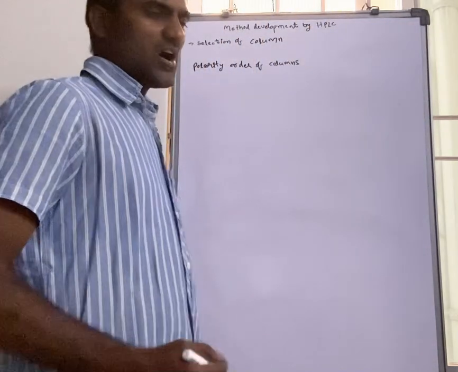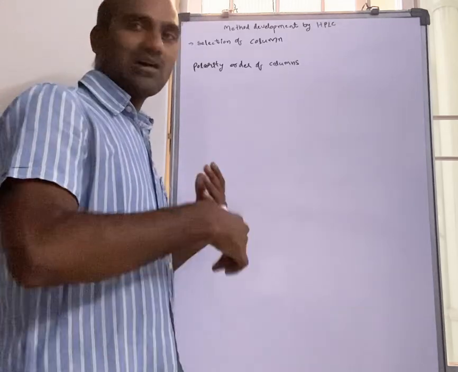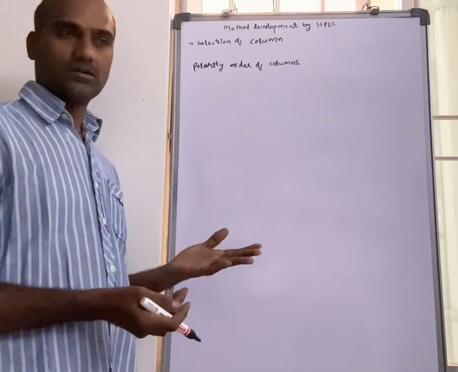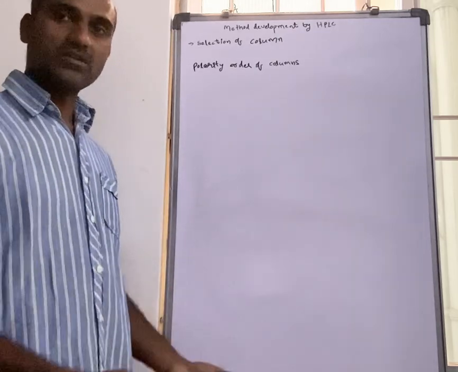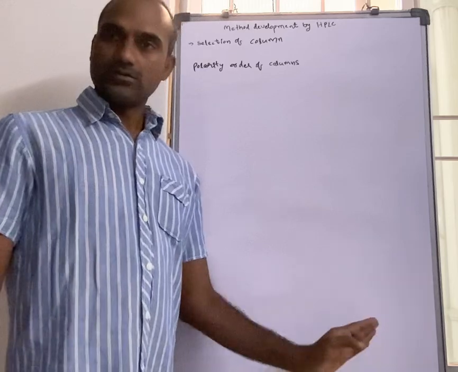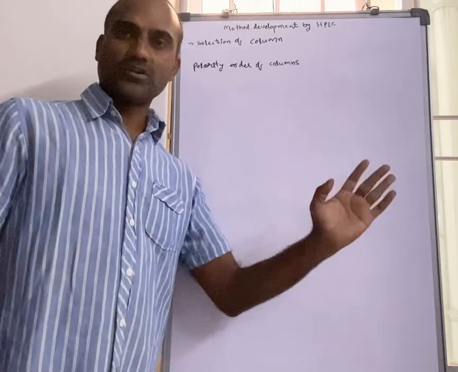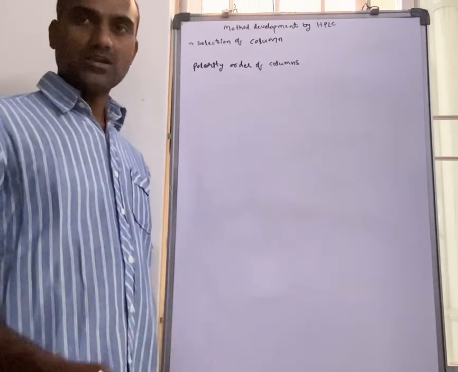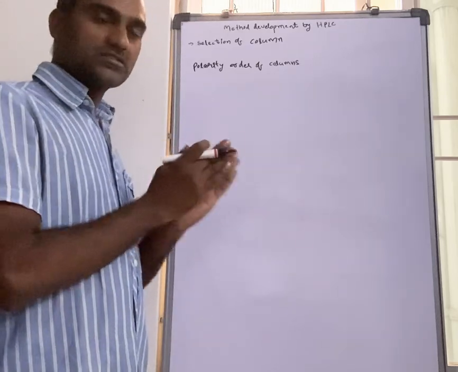So many brands, all are C18, all are cyano, 20-30 brands are there, every brand having a C18 column. So what is the difference between different brands of the same carbon loading C18? There will be slight differences, so based on that the peaks may merge or may separate.